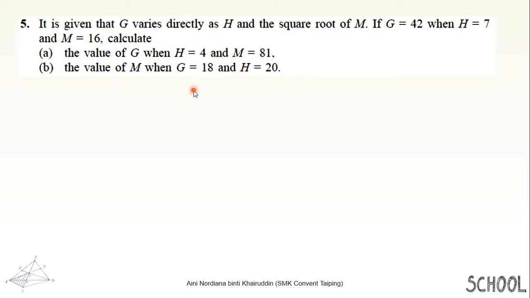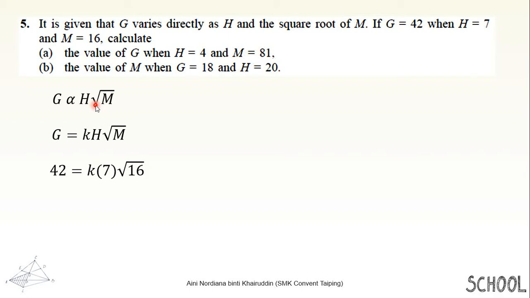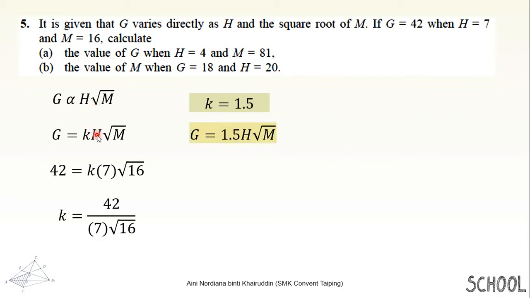So the first step, write in the relation form, then the equation form, then substitute the value of g, h, and m. Then you will get the value of k, substitute back into this formula. Then by using this formula, substitute the value of h and m. Then you will get the value of g. So this is the answer for 5A.